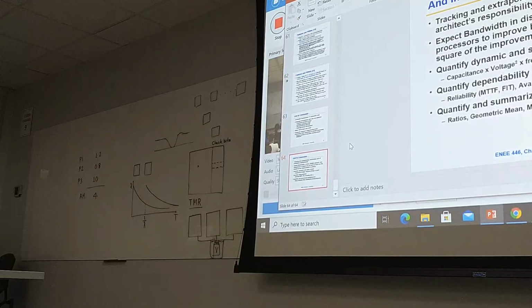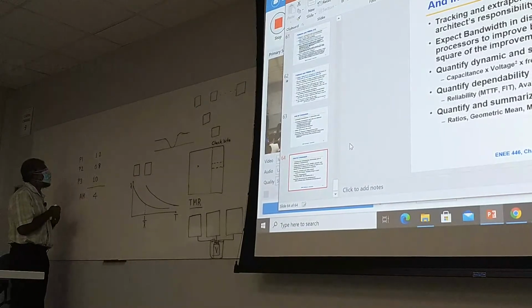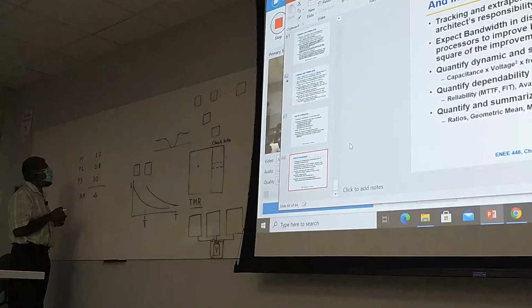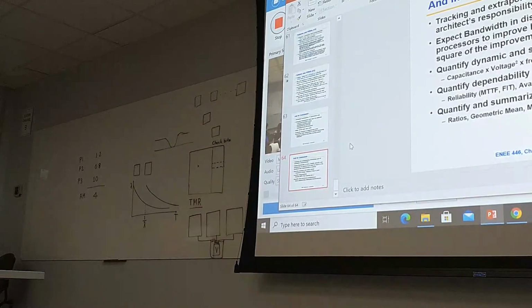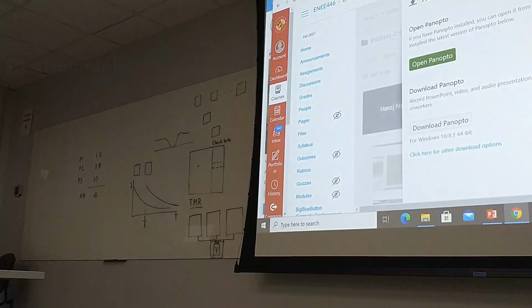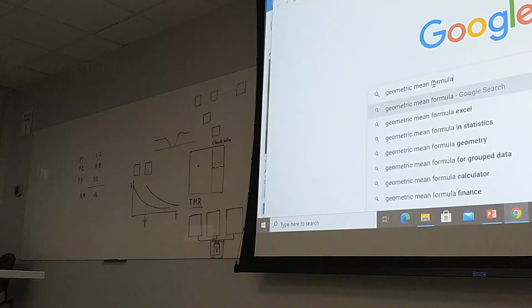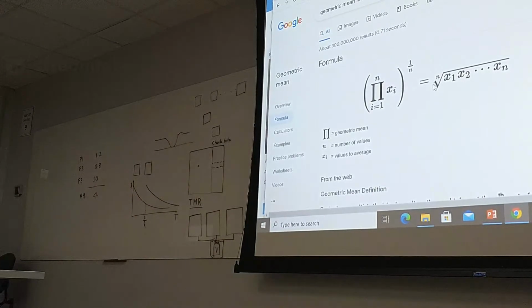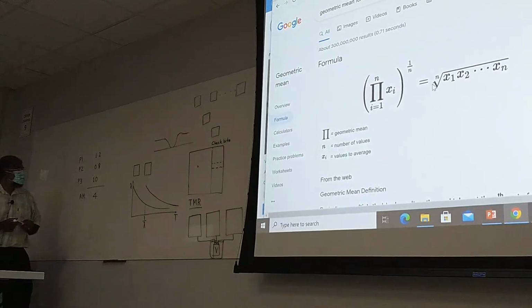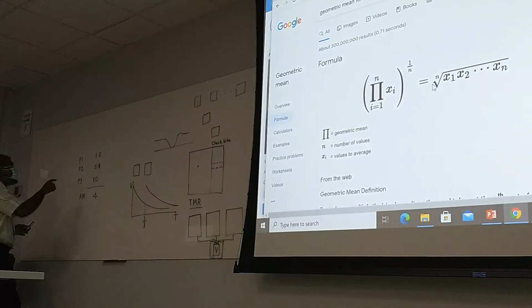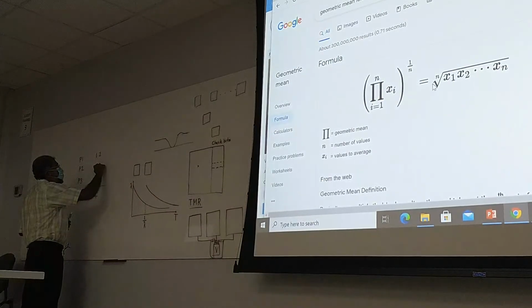Some calculators have that. Let's see. Okay, so the cube root of all those things. That would be 0.96.